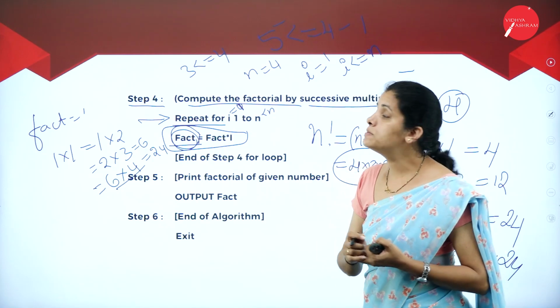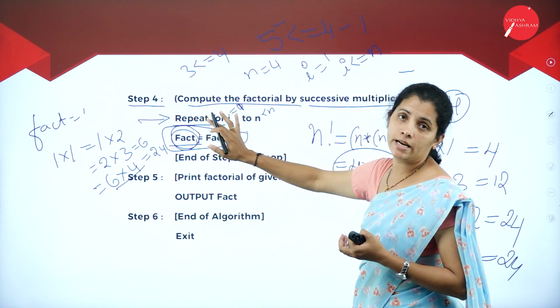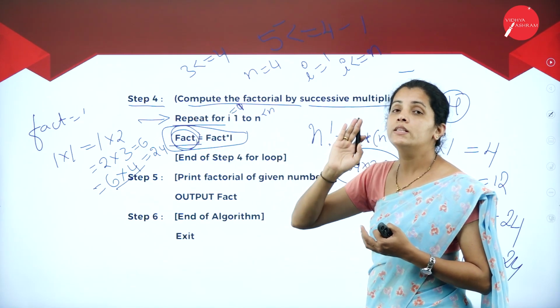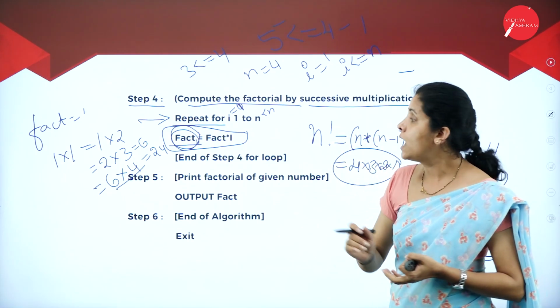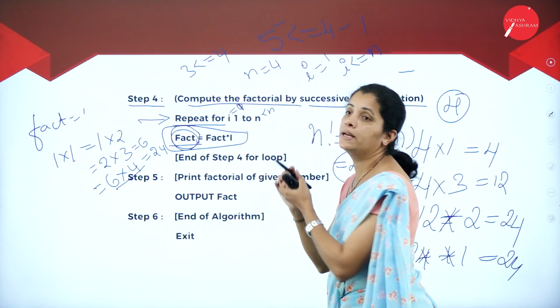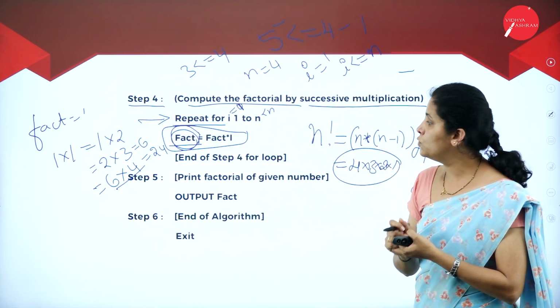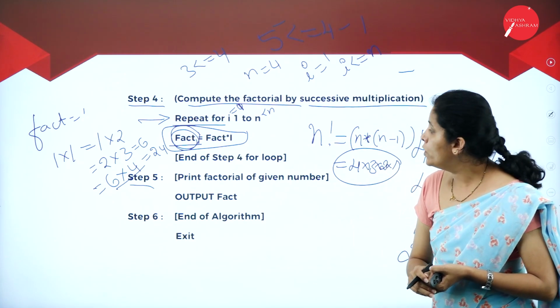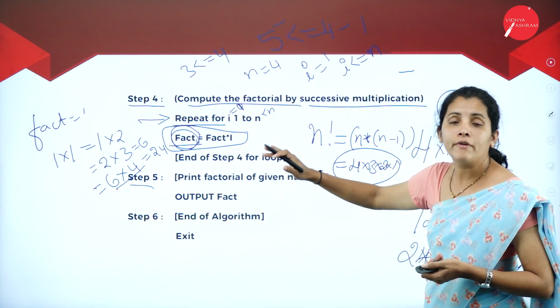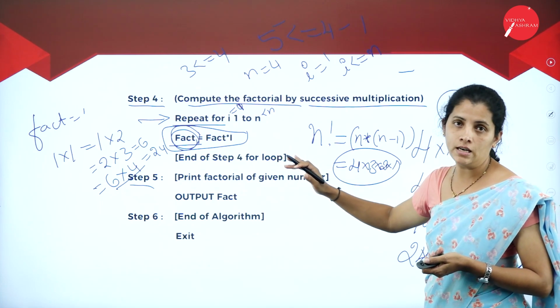So how many times I'm going to repeat this statement? 4 times. So instead of writing same statement 4 times, what I will do? I'm going to write that statement inside my for loop. Then at the end, what I want to do? I'm going to print the factorial of a given number.